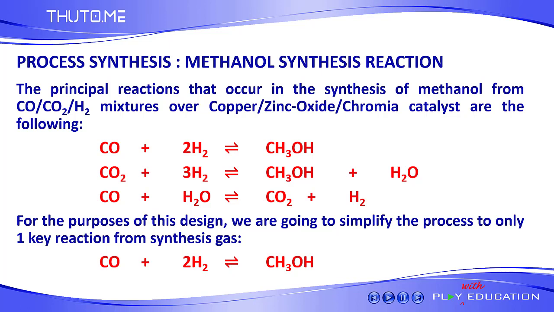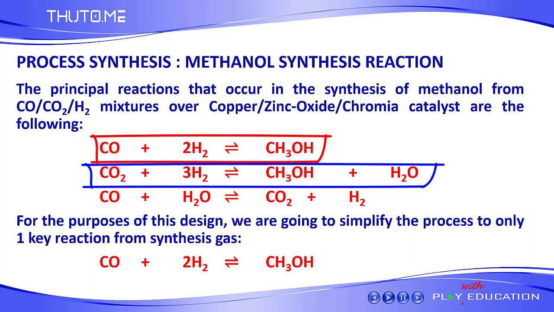The principal reactions that occur in the synthesis of methanol from a mixture of carbon monoxide, carbon dioxide, and hydrogen are usually catalyzed by a copper, zinc oxide, and chromium catalyst. You have what was originally thought to be the principal reaction, where carbon monoxide reacts with hydrogen to produce methanol. Then there is another reaction where carbon dioxide reacts with hydrogen to produce methanol and water.